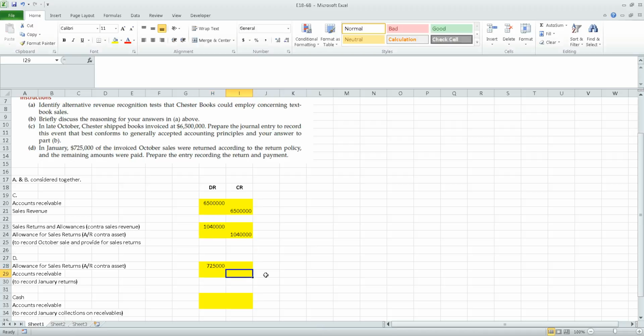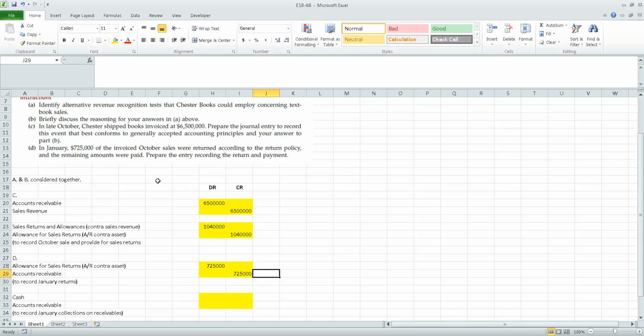And of course we're going to reduce our accounts receivable to reflect the fact that those buyers returned the merchandise to us and no longer owe us the $725,000.